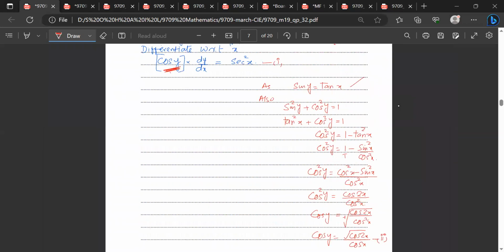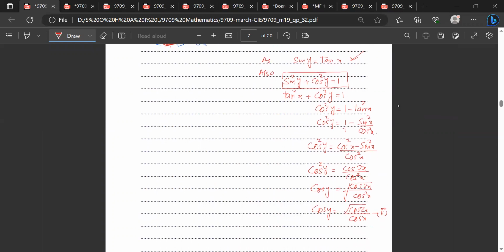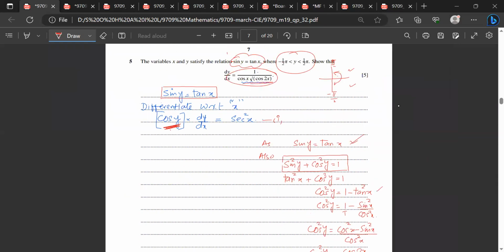So listen, we started with this given relation, and I used the basic identity sine square plus cos square equals 1. I replaced sine of y by tan of x, and then there are simple steps of simplification. I replaced tan by sine over cos, because in the required result there is no tan, so this is in terms of cos.